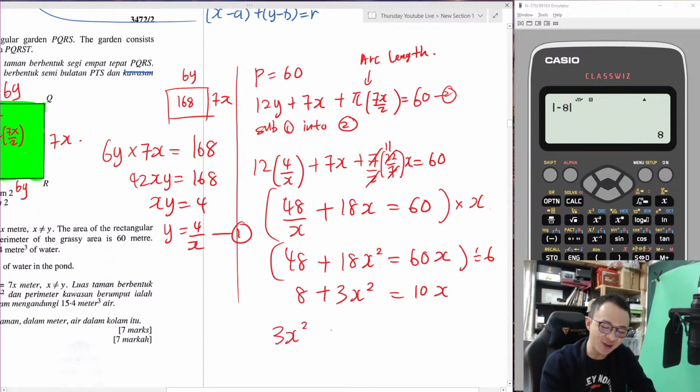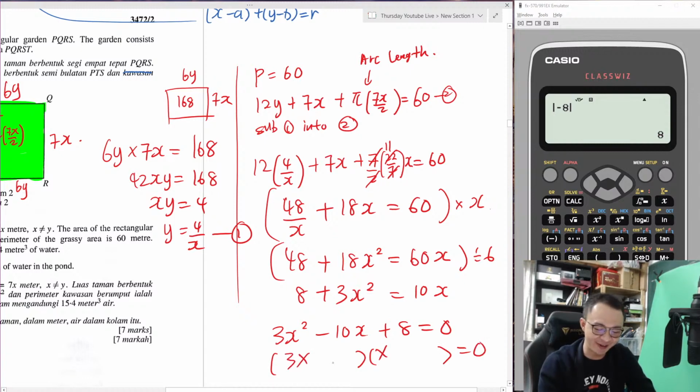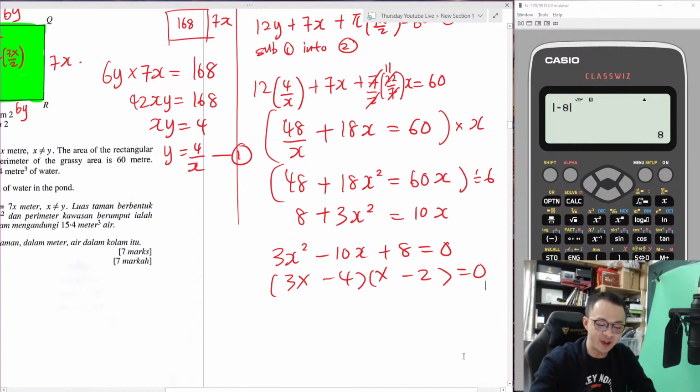So I have 3x squared minus 10x plus 8 equals 0. Sorry, my math sometimes fails. In order to get negative 10, this one should be minus 4 and minus 6. So over here, I have x equals 4 over 3 and x equals 2.